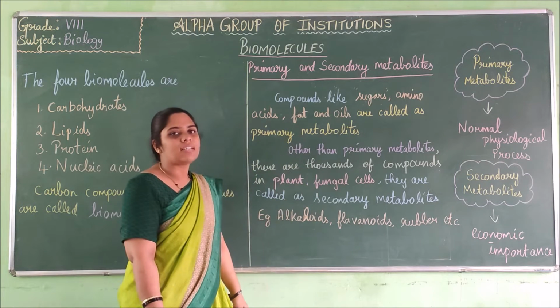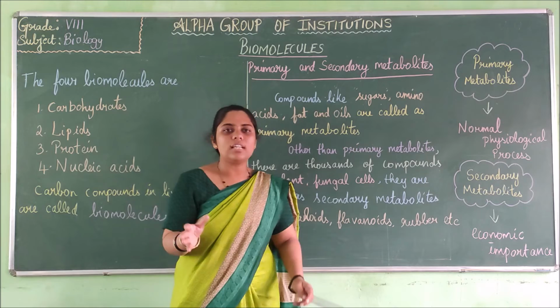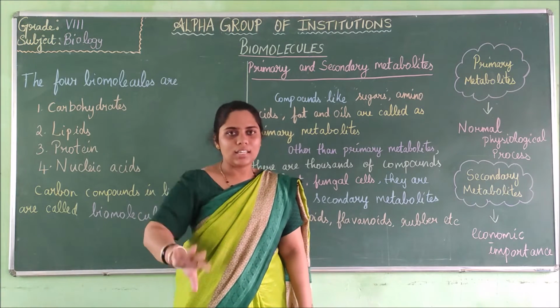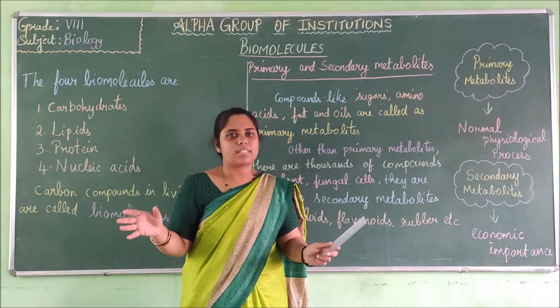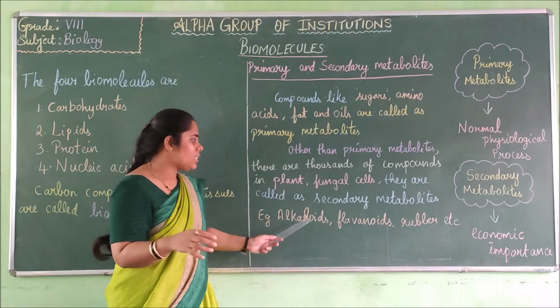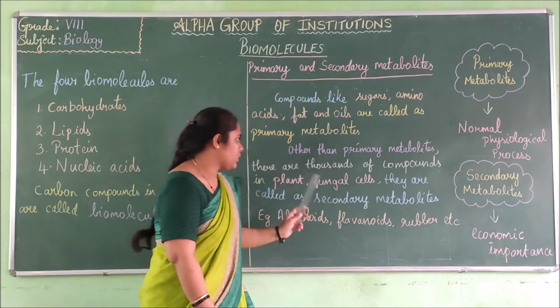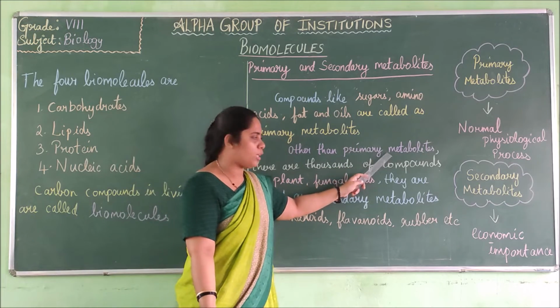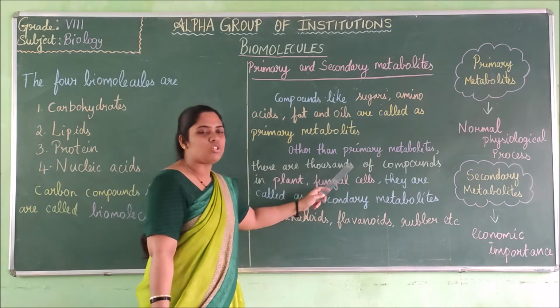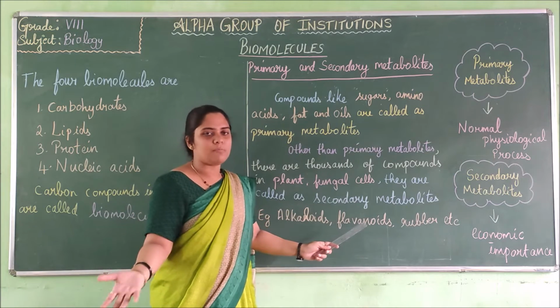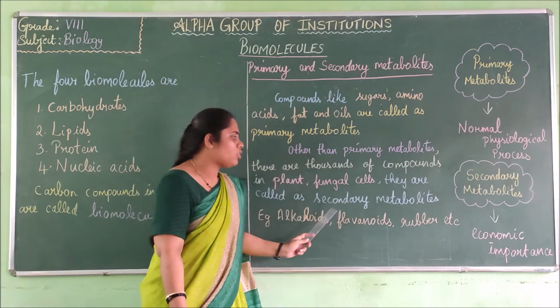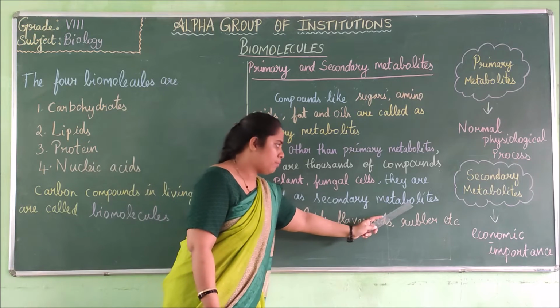And what is secondary metabolites? So in a living organism, other than the primary metabolites, there are thousands of compounds present. So those are called as secondary metabolites. So other than the primary metabolites, there are thousands of compounds in plant and fungal cells. It may be any cells. So they are called as secondary metabolites.